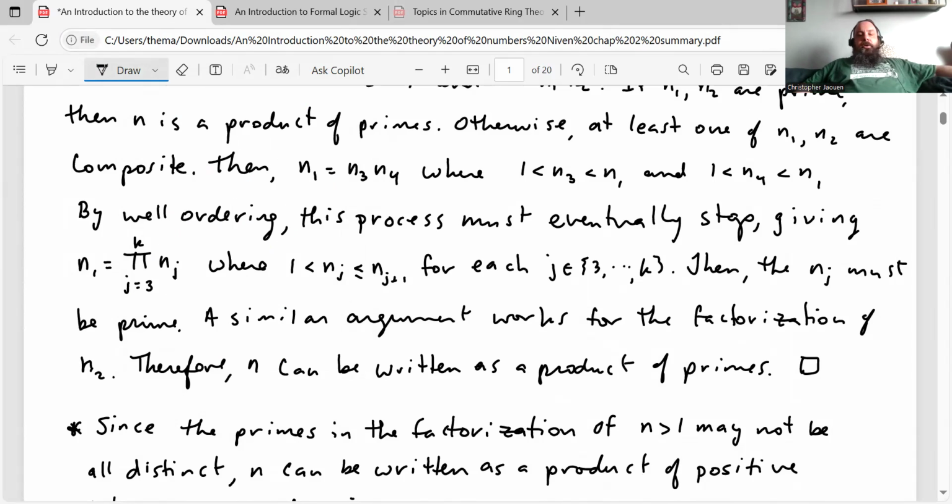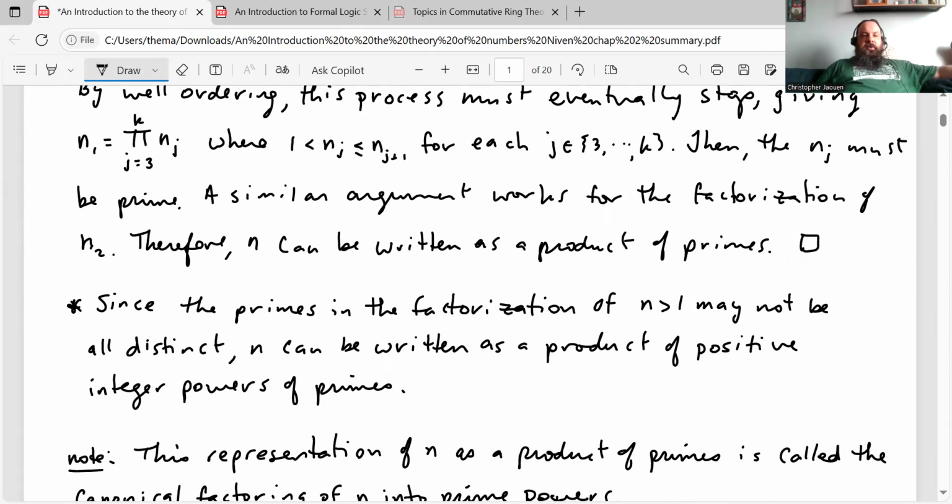The nj are strictly greater than 1, but less than or equal to n sub j plus 1 for each j in the set from 3 to k. Then the nj must be prime, and a similar argument works for the factorization of n2. Therefore, n can be written as a product of primes. So it's basically a consequence of well ordering, the fact that the process stops.